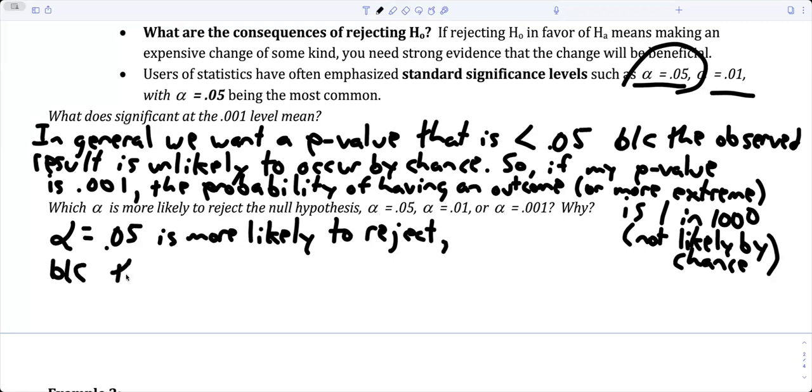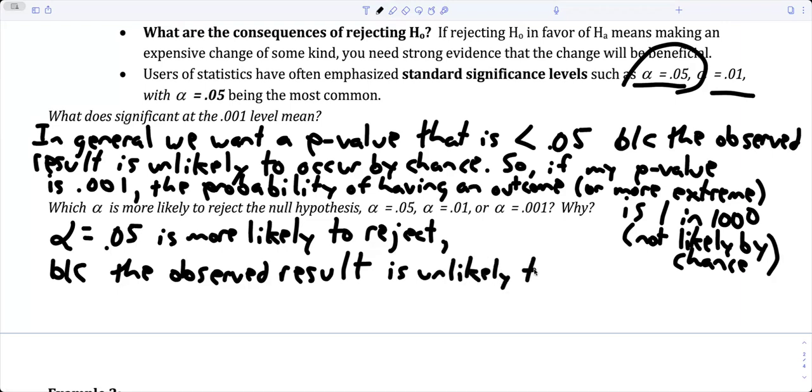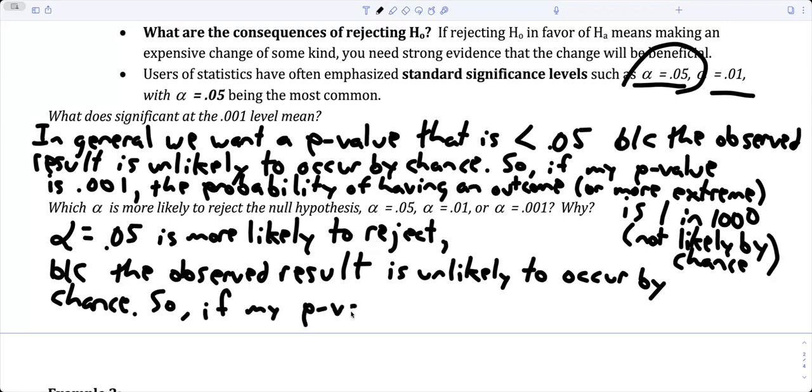Okay, so I said alpha equals 0.05 is more likely to reject because the observed result is unlikely to occur by chance. No, I made a mistake there, sorry.